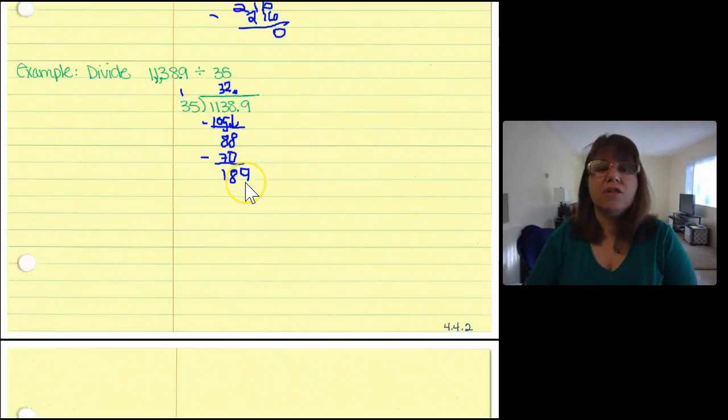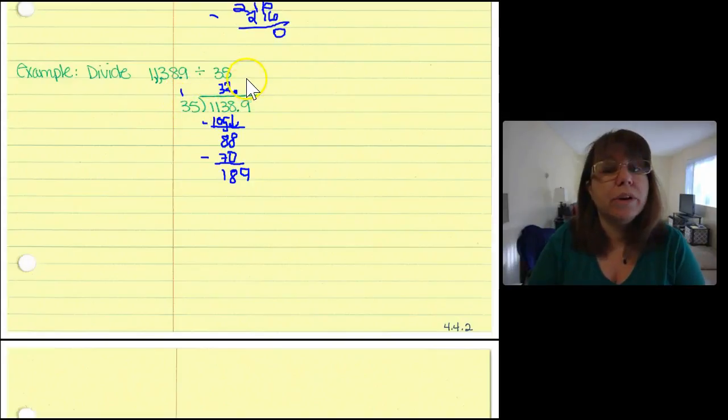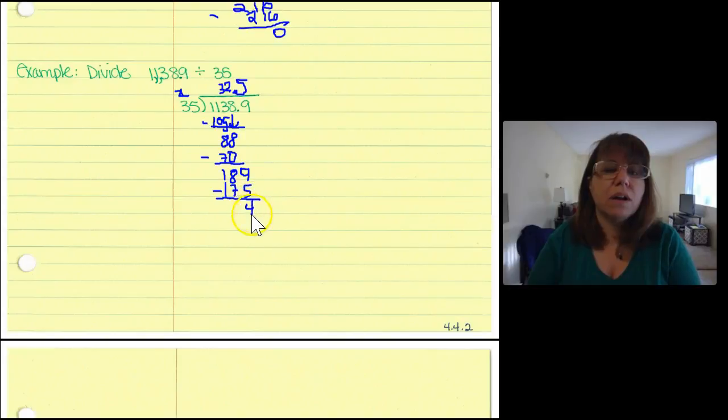35 into 189. Let's try 5. 5 times 5 is 25. 5 times 3 is 15 plus 2 is 17. That will work. So 5, that's 25. Carry the 2. 15 plus 2 is 17. 9 minus 5 is 4. 8 minus 7 is 1.